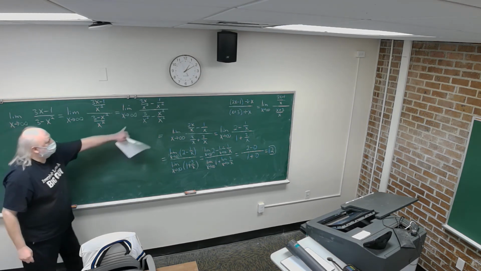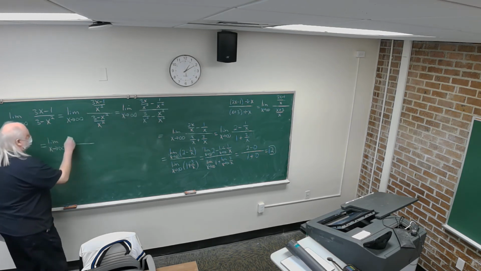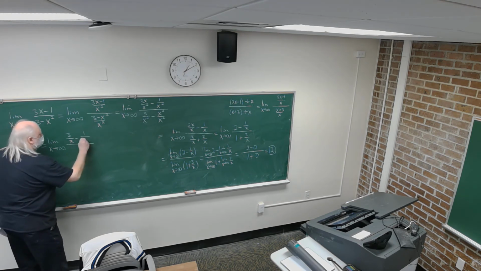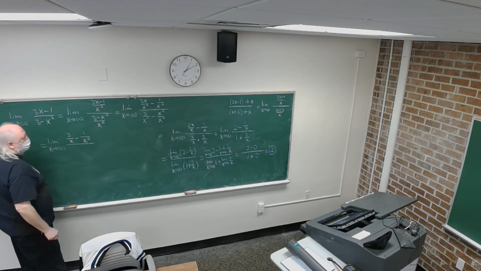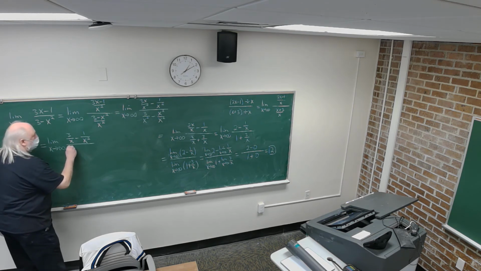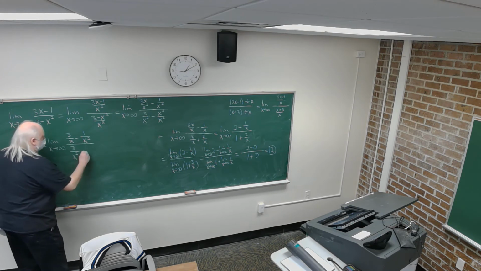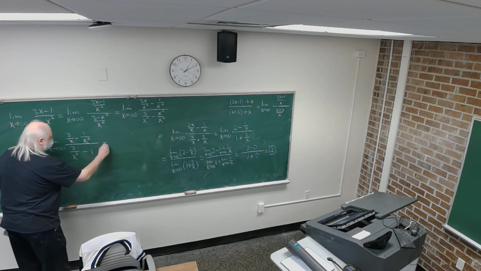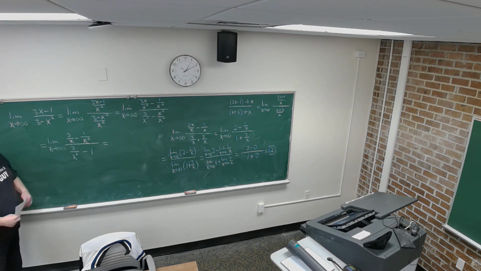Well, 3x over x squared simplifies to 3 over x. Remember, this is the main fraction bar right here. So, in the main numerator, as x increases without bound, 3 over x goes to what number? 0.